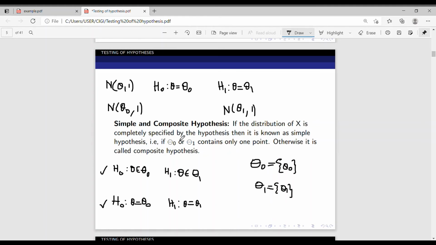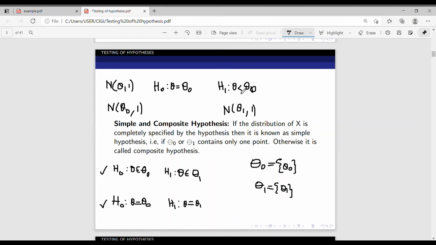Now suppose our alternative hypothesis is of the form theta is less than theta naught, and by testing the hypothesis we come to the conclusion to accept the alternative hypothesis.